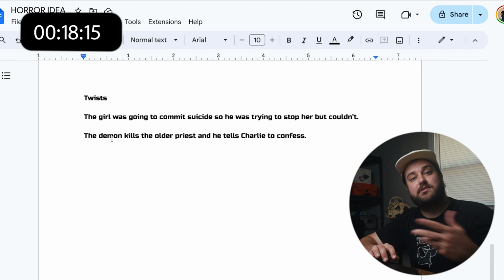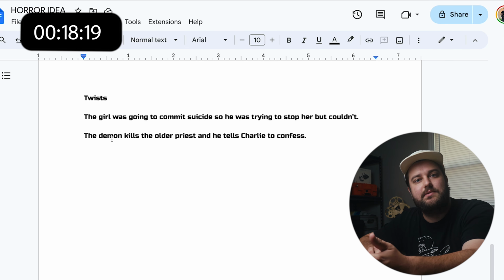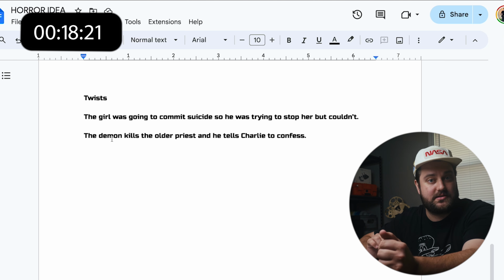But basically, the twist is that the girl at the quarry wasn't an accident or his fault. It was planned. She was trying to commit suicide. So he was trying to stop her, but he couldn't. So he's bothered by the fact that he was unable to save her.